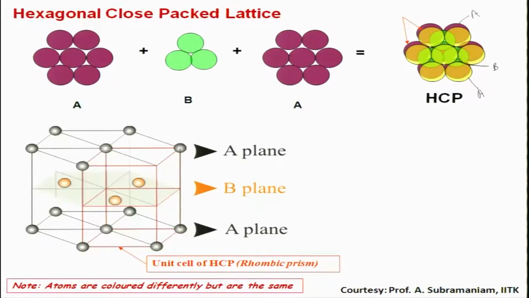that you see is the smaller one, which is the red one, which is called a rhombic prism. So in this case there will be one atom at 0 0 0, another atom at 1 by 3, 2 by 3, half, and this is a primitive lattice.